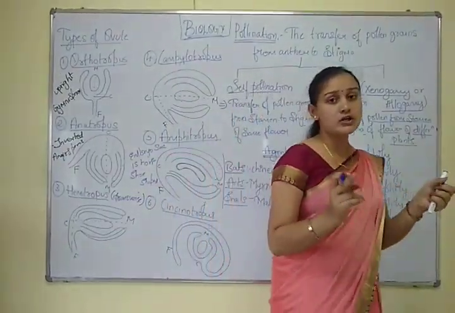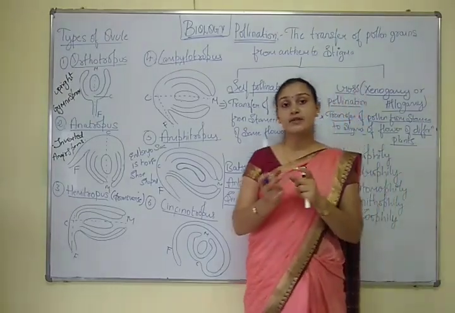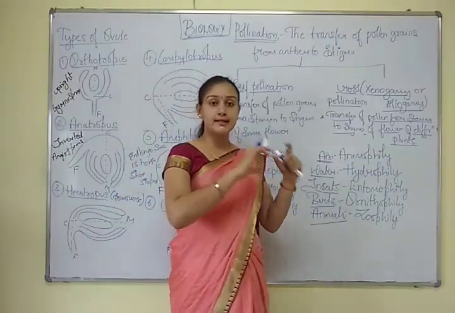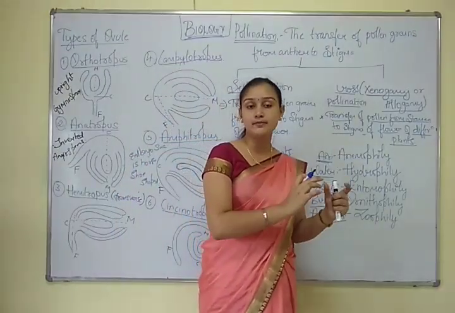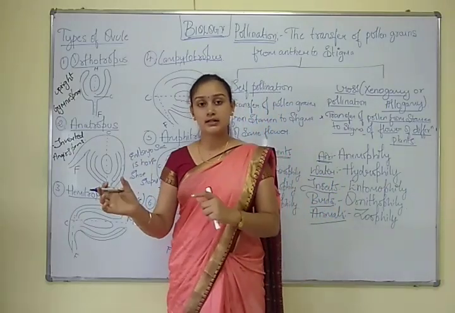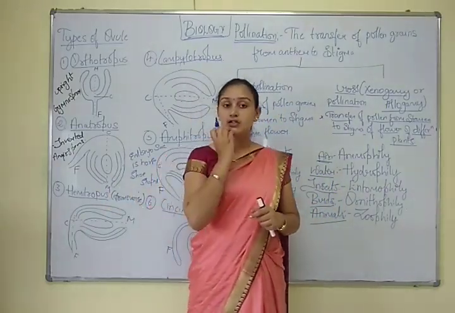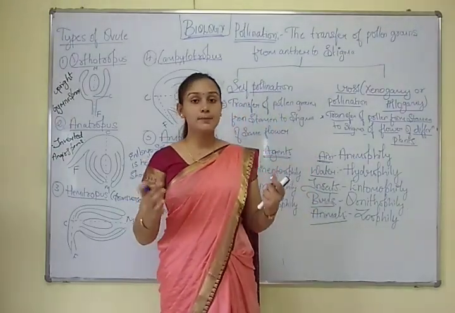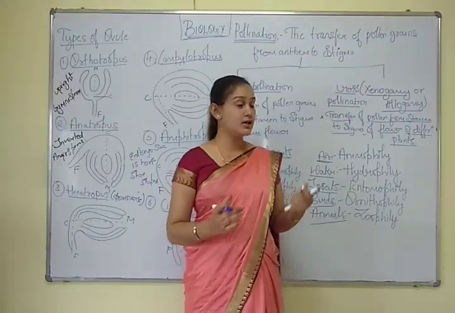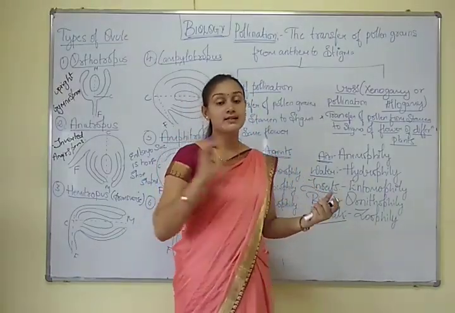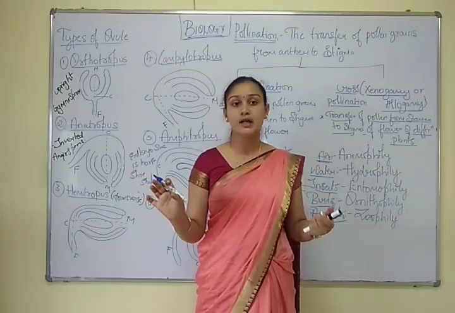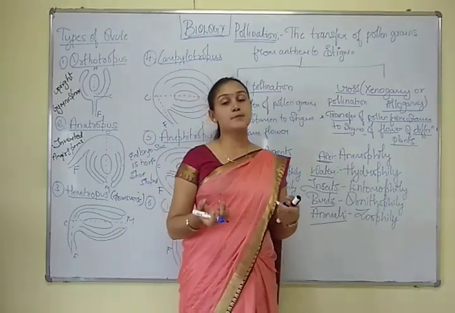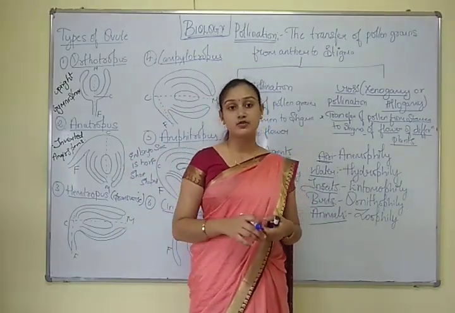In cross-pollination, there will be a requirement of adaptation. The pollen grains from one plant to another should be carried to the stigma, right? So the plant will adopt certain morphological structures so that the pollen grains are carried properly. In cross-pollination, cross-fertilization takes place, hence it helps in evolution.